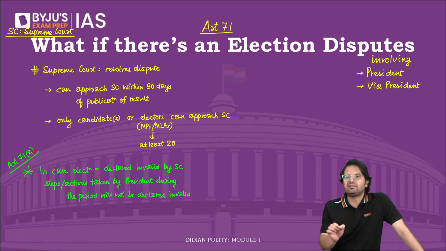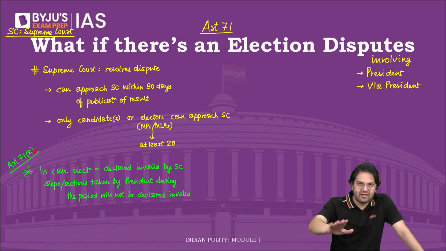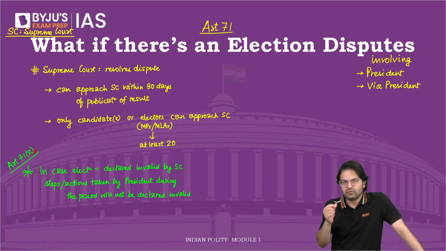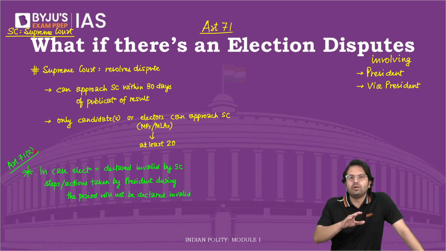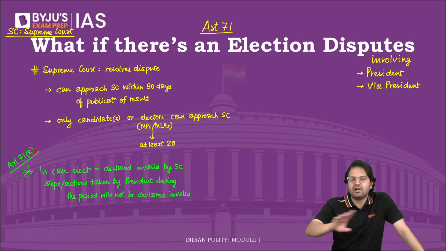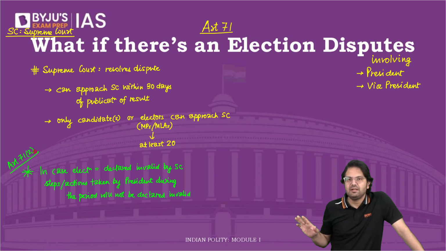I am quoting now verbatim: if the election of a person as president or vice president is declared void by Supreme Court, acts done by him in the exercise and performance of the powers and duties of the office of the president or vice president, as the case may be, on or before the date of the decision of Supreme Court, those actions taken, those bills signed, will not be invalidated by reason of that Supreme Court order.